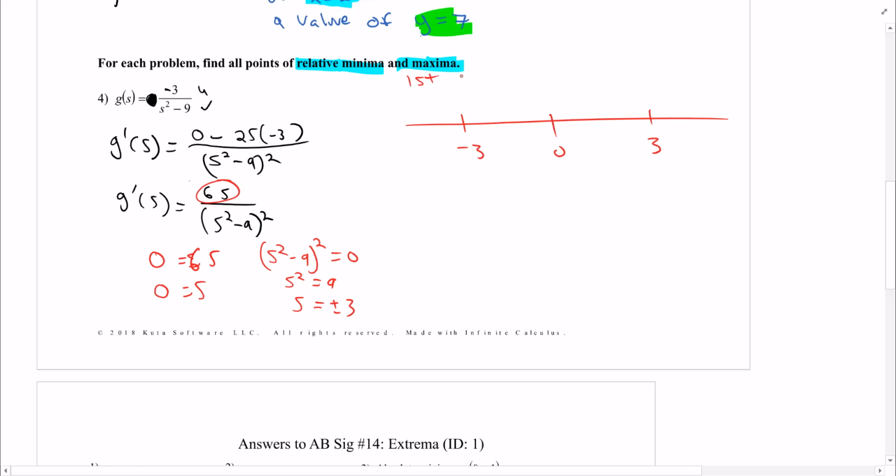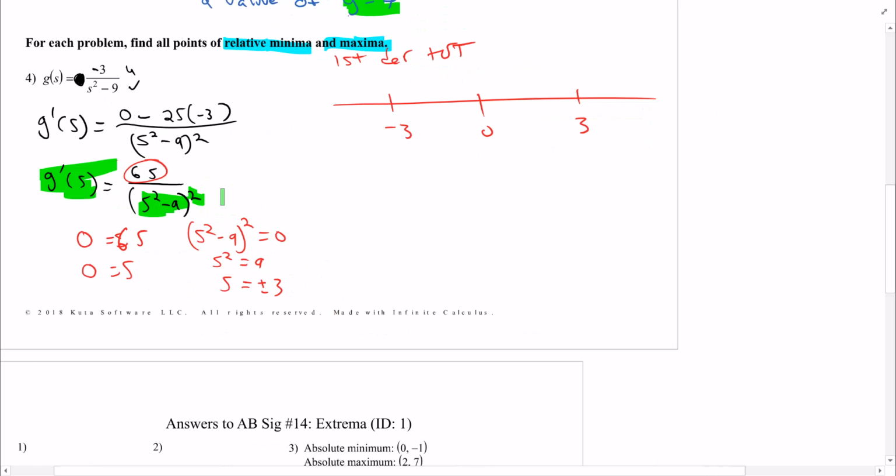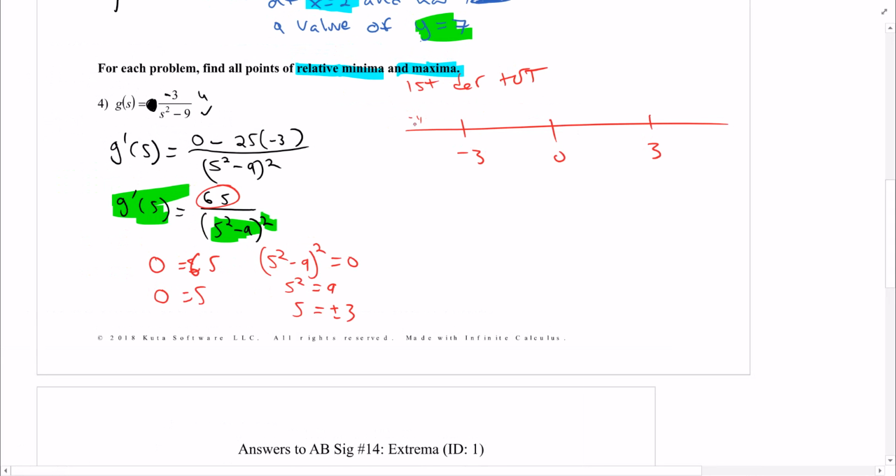This is if we're doing the first derivative test. So I need to check a number just left of negative 3, which is like negative 4. Keep in mind when you're plugging it into the first derivative, the denominator is always going to be positive, because when you square something, it's always positive. So if I do 6 times negative 4, that is negative, which means this function's decreasing right here.